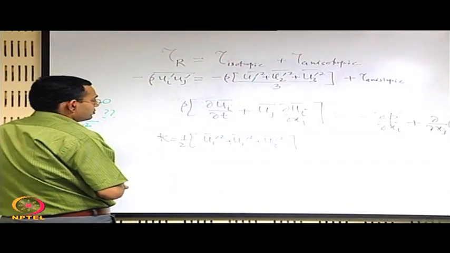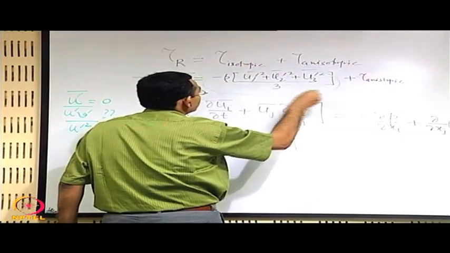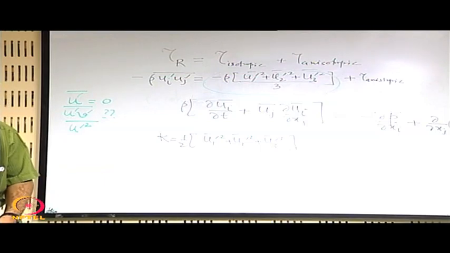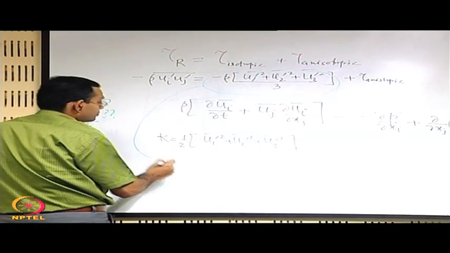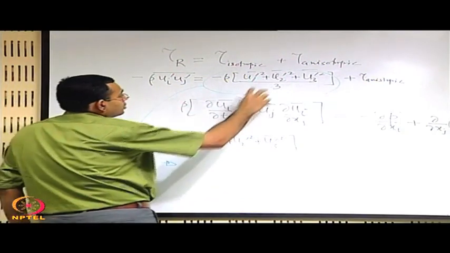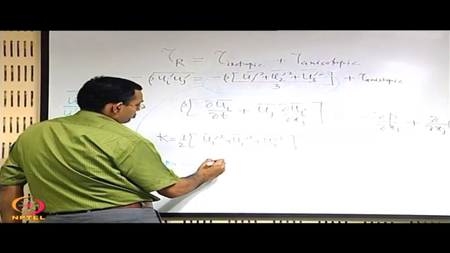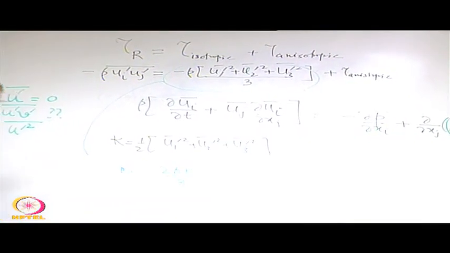Therefore, this term which is there in the bracket, it may be written in terms of k. You can write this one as minus 2 rho k by 3.